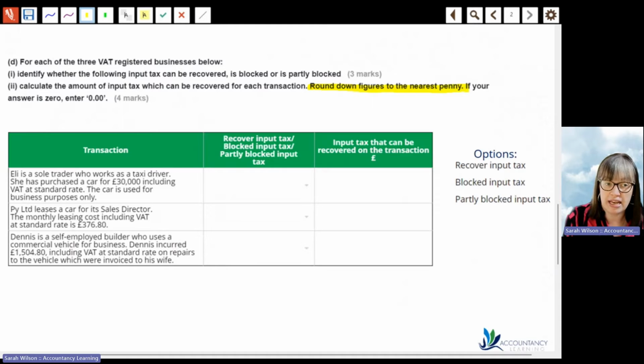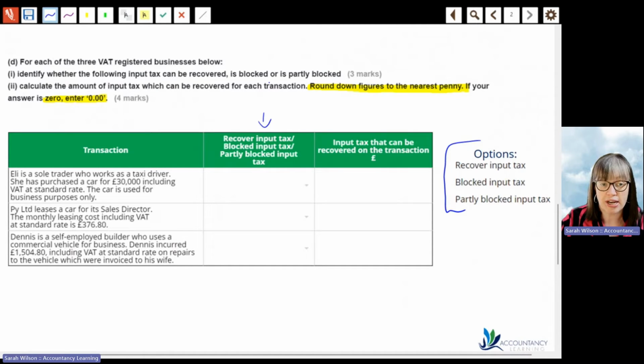And really importantly, if your answer is 0, we must enter 0.00 to pick up the marks. Over at the side here, I've put the options that you'll have in your drop down for this section. So we can start having a look at the transactions.